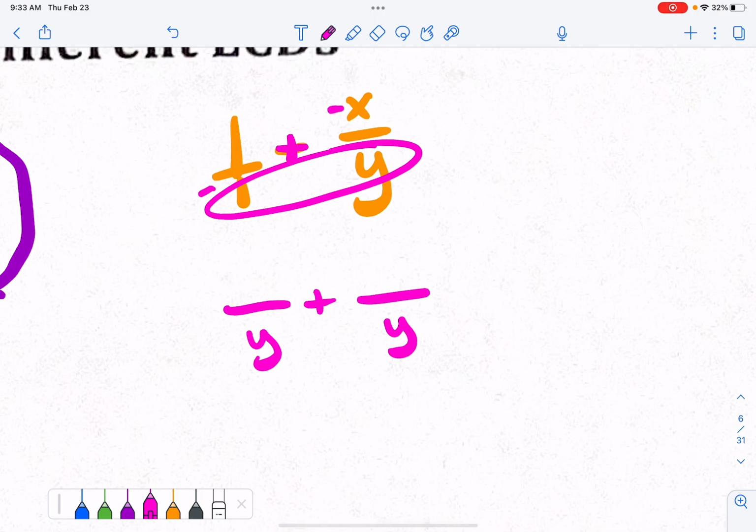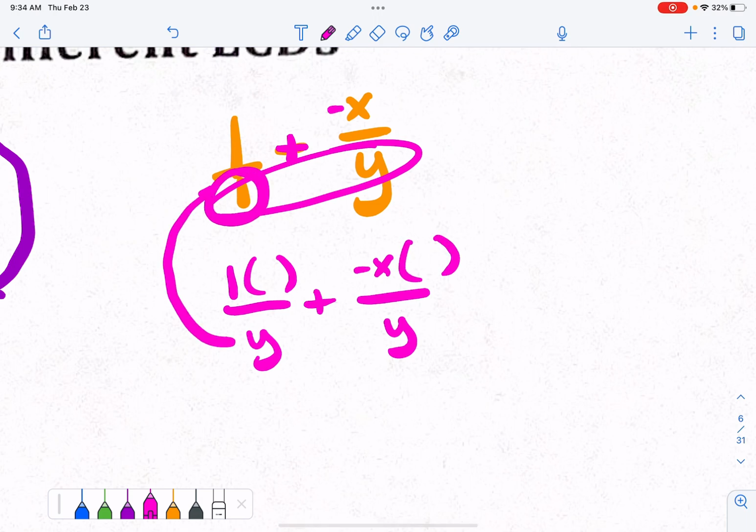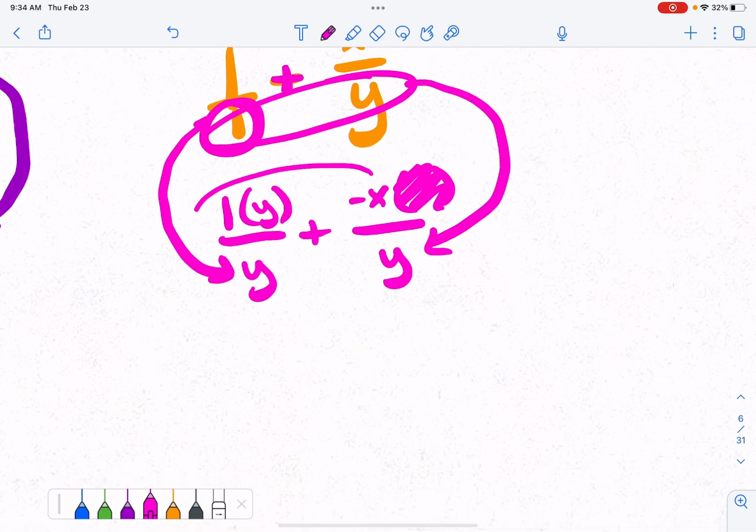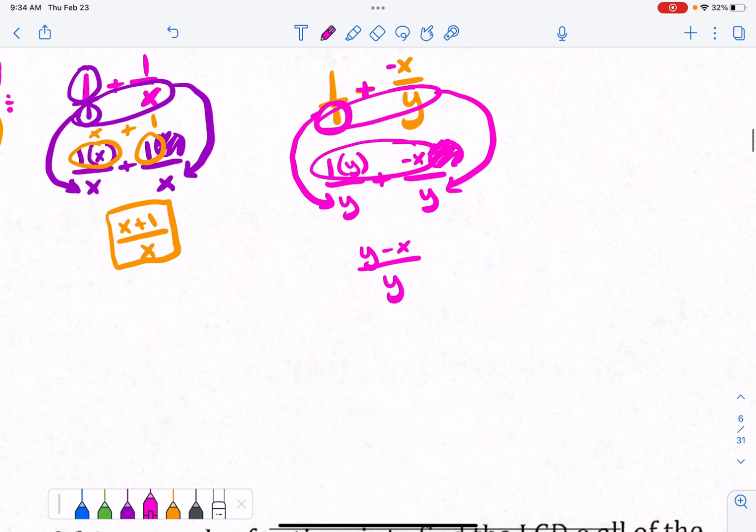Then we look and say, okay, here's 1 and here's negative x. We're going to multiply by what each needs, all right? Comparing this to the y down here, it needs a y. Comparing this y to this y here, it doesn't need anything, so we're going to scribble it out. So right here, the top looks like y plus a negative x, or just y minus x over y, okay? So that's what the bottom ended up being.